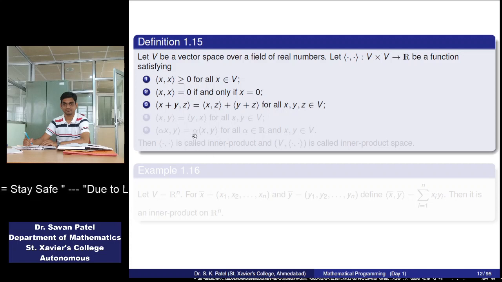Inner product should be distributive over addition in this way: inner product of x plus y, z is inner product of x with z plus inner product of y with z. Here plus is by mistake, it should be comma.